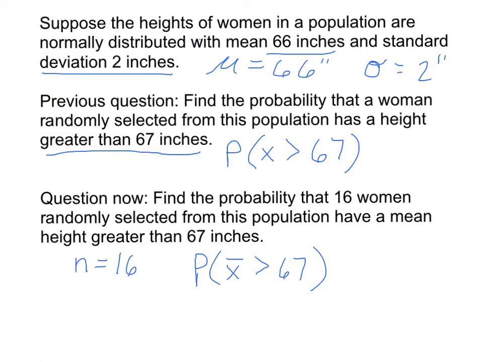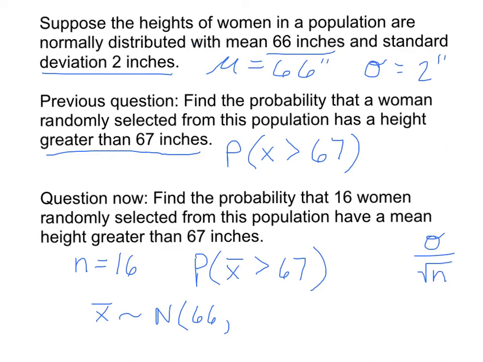Based on what we learned in the previous slide, the sampling distribution for the means is going to be normally distributed, and its mean is going to be the same mean as the population, so 66, but its standard deviation, remember, is going to be sigma over the square root of n.